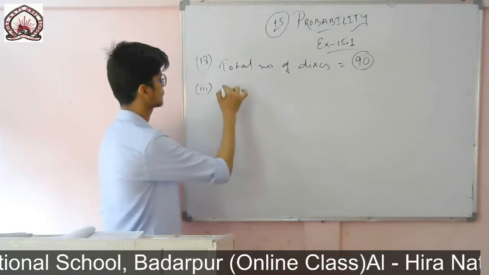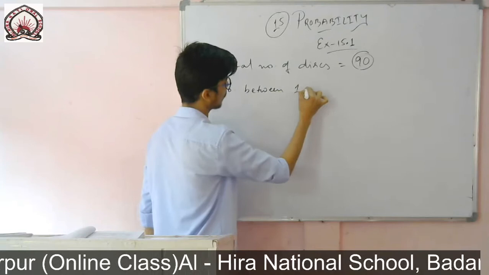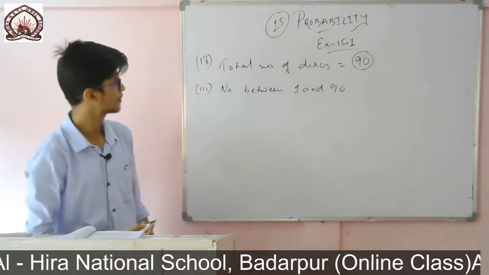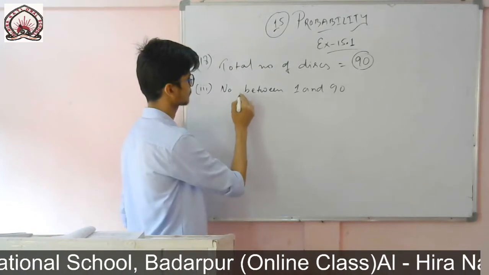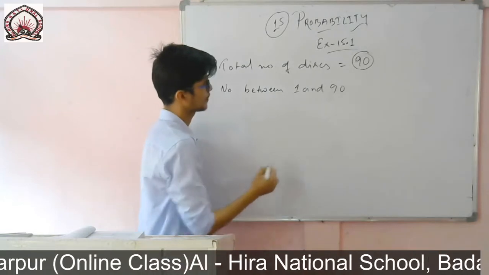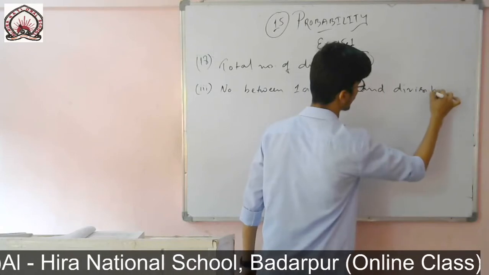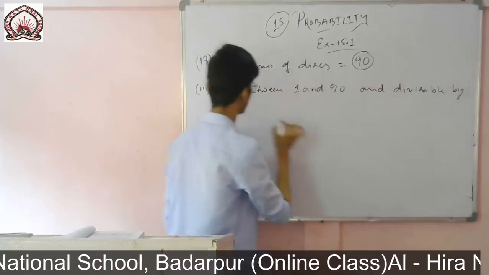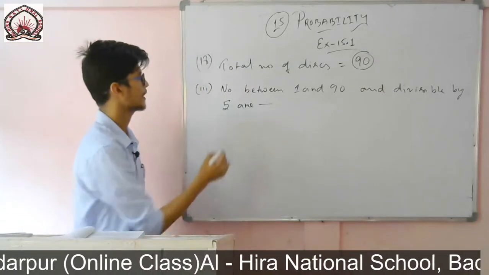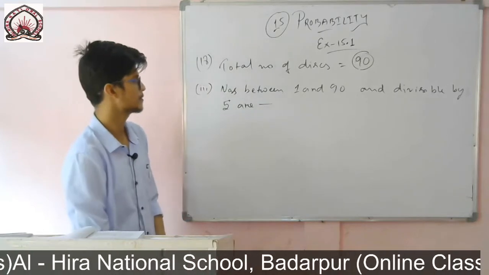Numbers between 1 and 90 and divisible by 5 are.